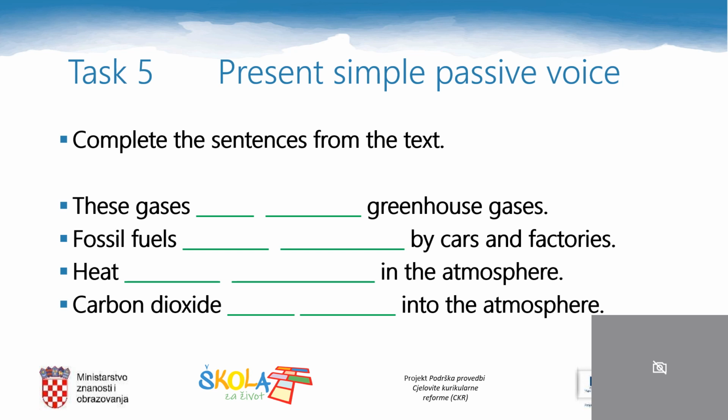Now, here are some sentences from the text. They are in the passive voice. Have you ever heard of the passive voice? In order to find out more about it, first copy these sentences into your notebooks. Then, try to remember the words from the text that come into the gaps and write them down.